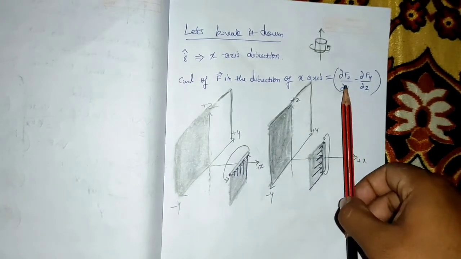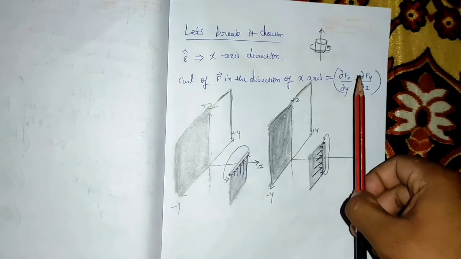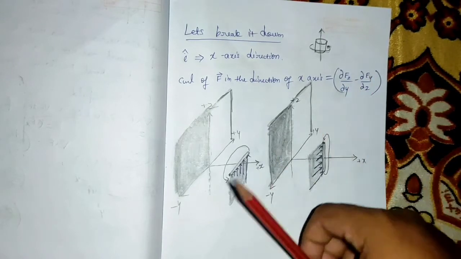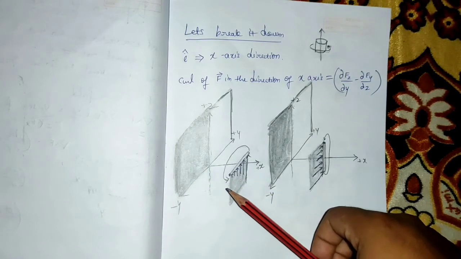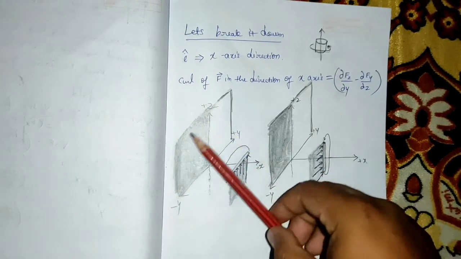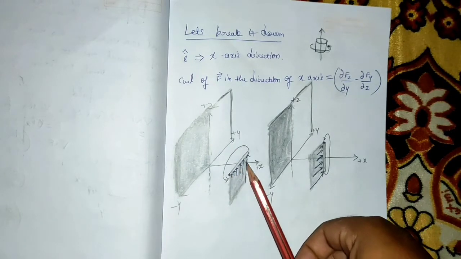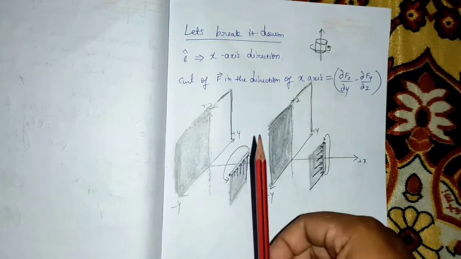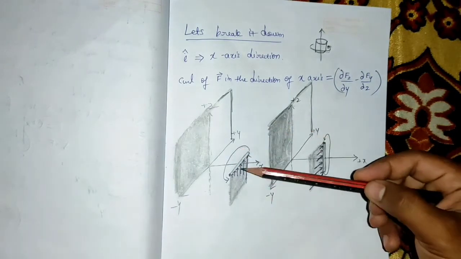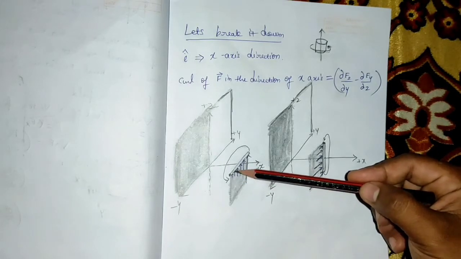So this is the term, the rate of change of Fz, the force along z, with respect to y. That is explained by this figure. What it means is, there is a gradient of Fz. Fz is in the direction of the z-axis, and we move in the direction of y.